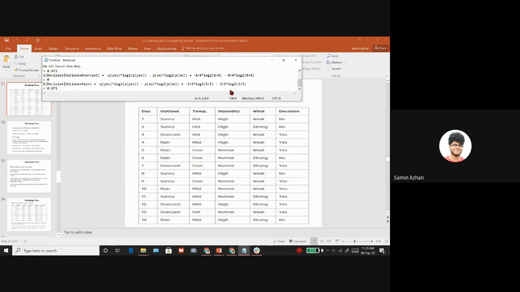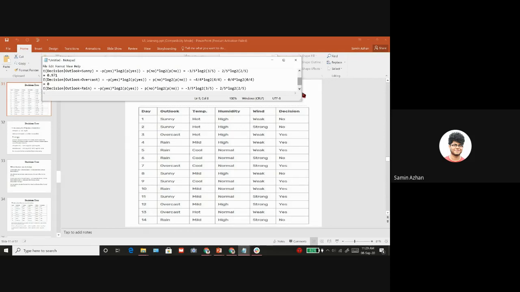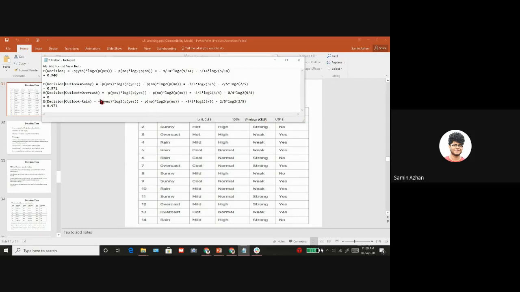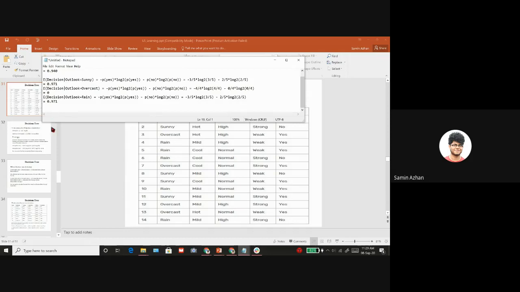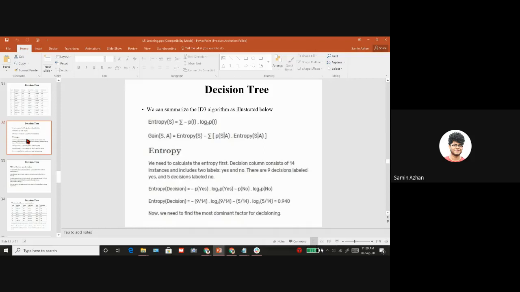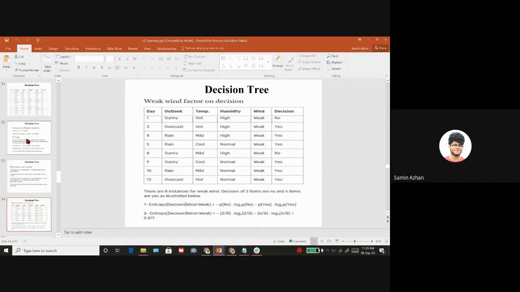Okay, now that we have the entropies of all the possible outlooks, we can calculate the information gain. How can we calculate the information gain? Let's see the slide again. In the slide, it was done for wind. There were two possible values for wind, weak and strong. They calculated the entropy for weak, just like we did for outlook sunny, overcast, and rain.